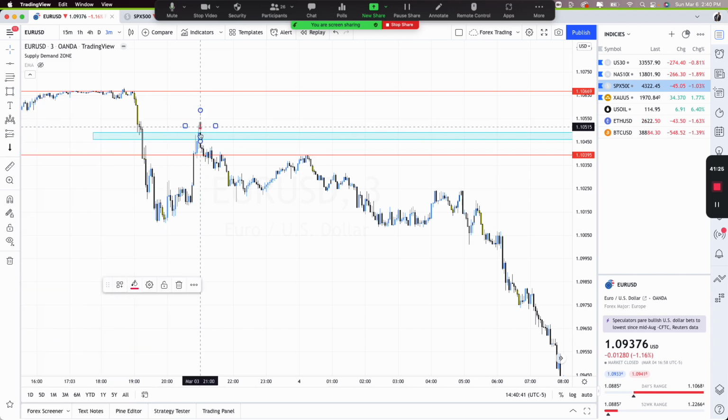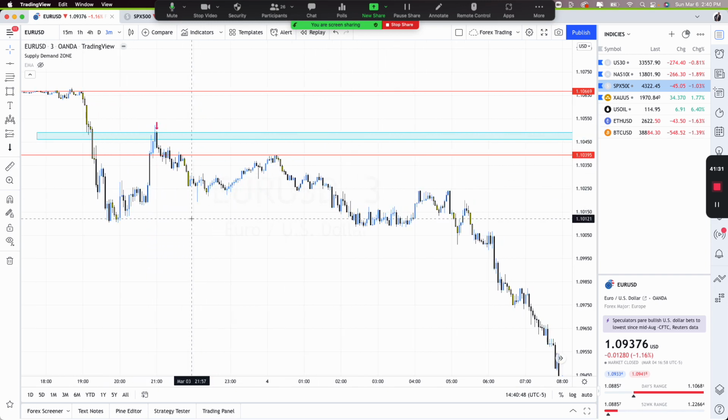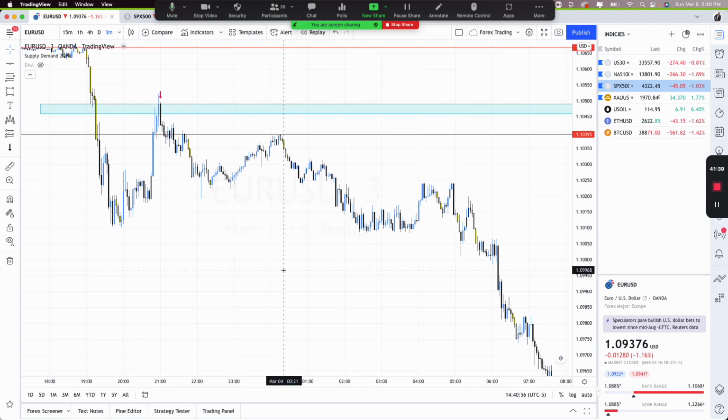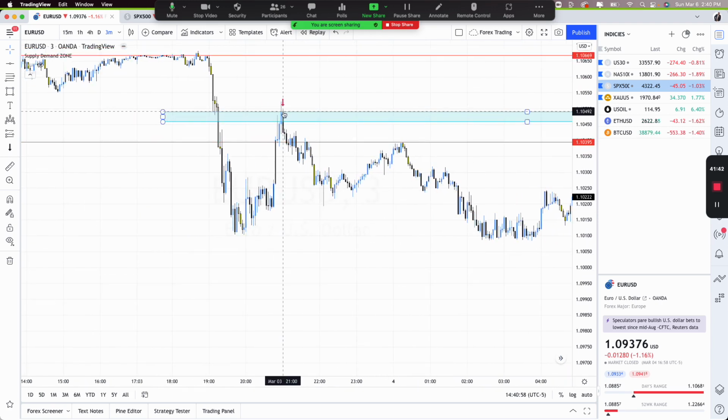Right here. Not this candle, this candle. Make sense? Now, if I'm trading 3 minutes, some people teach 3 minutes, some people teach 3 candles. Watch this. Let's say you do 3 candles. You get in as soon as this starts. 1, 2, 3. Did you clear that trade?